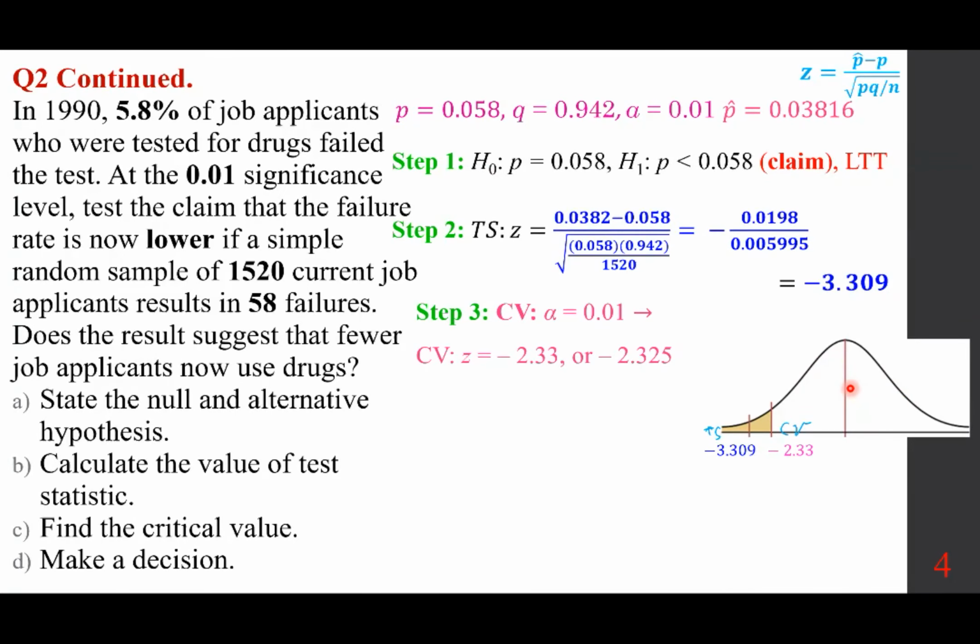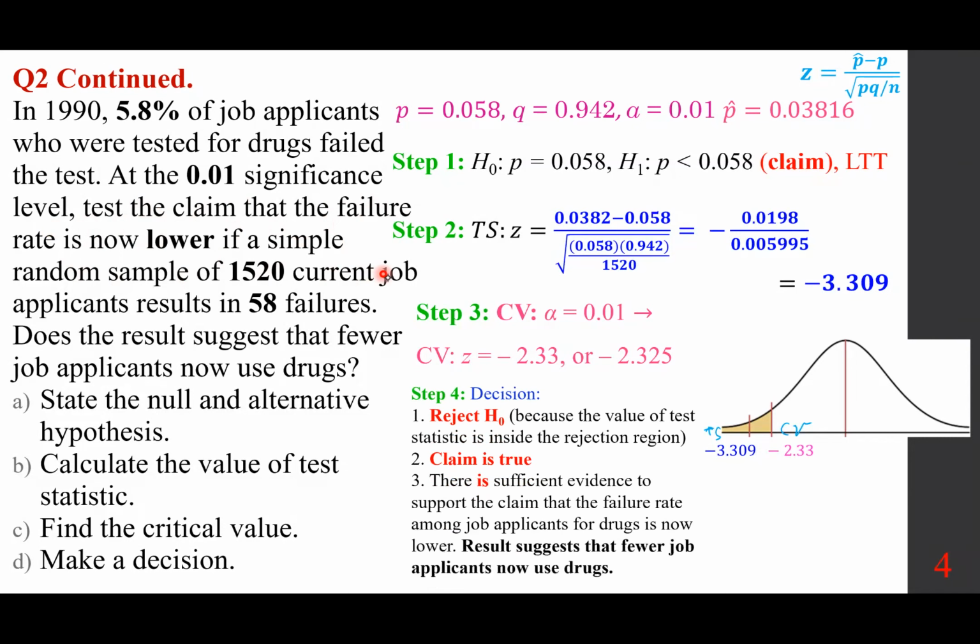So if you're rejecting H0, loosely put, you're accepting H1. If you're accepting H1, then you're accepting the claim. The claim becomes true. And then you rewrite. The way you rewrite is very simple. There is or there is not. In this case, there is sufficient evidence to support the claim. And you do the writing.